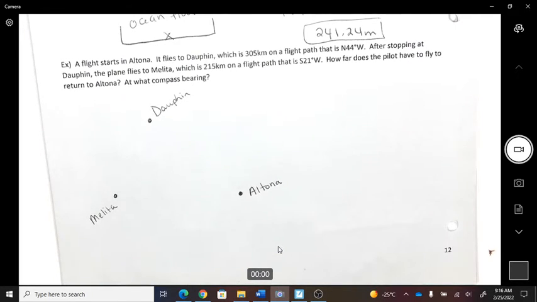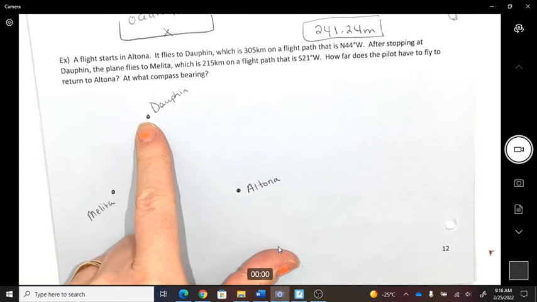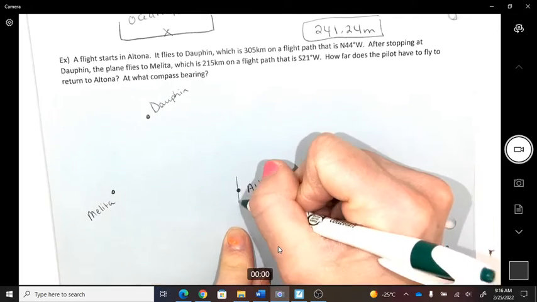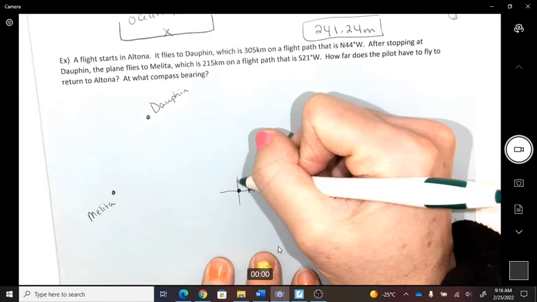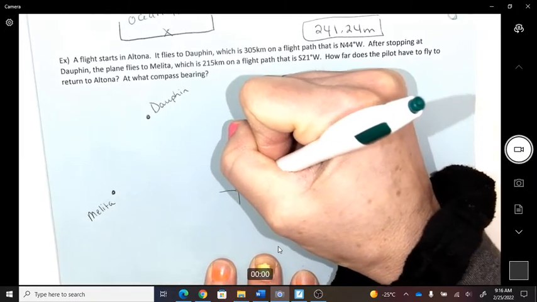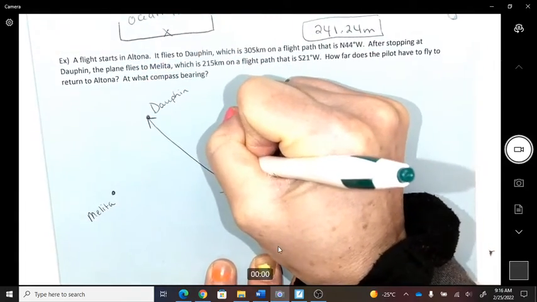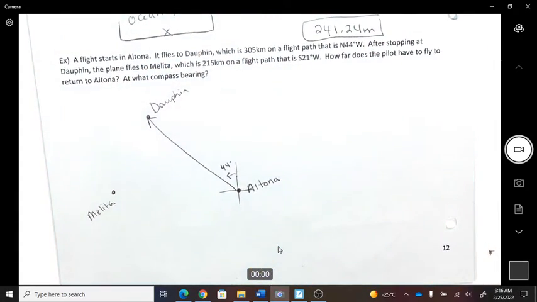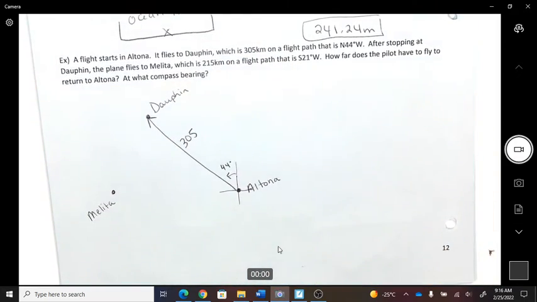Okay, so the flight is in Altona. It flies to Dauphin. Its flight is north 44 degrees west for 305 kilometers.